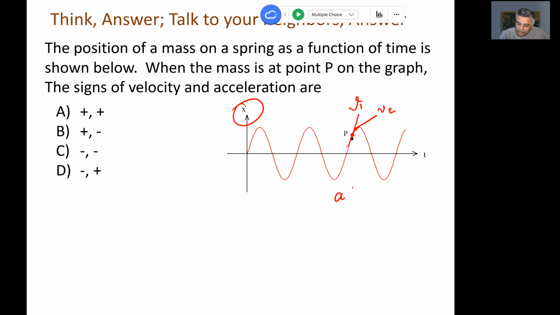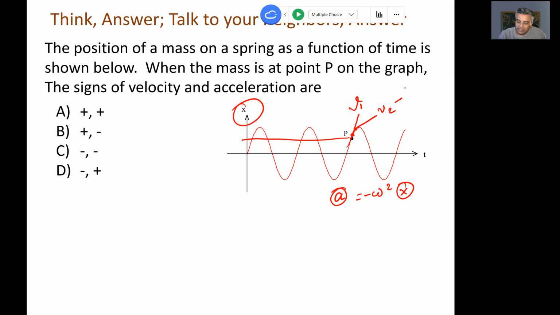Another one is this. I always find this one easier for simple harmonic. This is simple harmonic motion, right? So X and A have opposite sign. X is positive, means A is going to be negative. That's another way to look at it, okay?